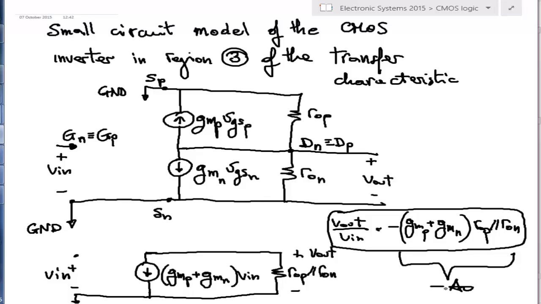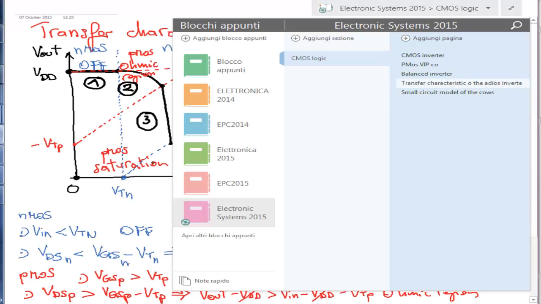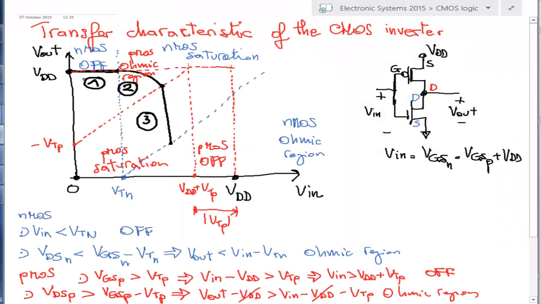In this particular condition, Vout and Vin are the small signal components of Vout and Vin. If we go back now, in that ratio Vout over Vin these are the large signals, so that ratio is just the slope of this part. So this slope is minus A0.